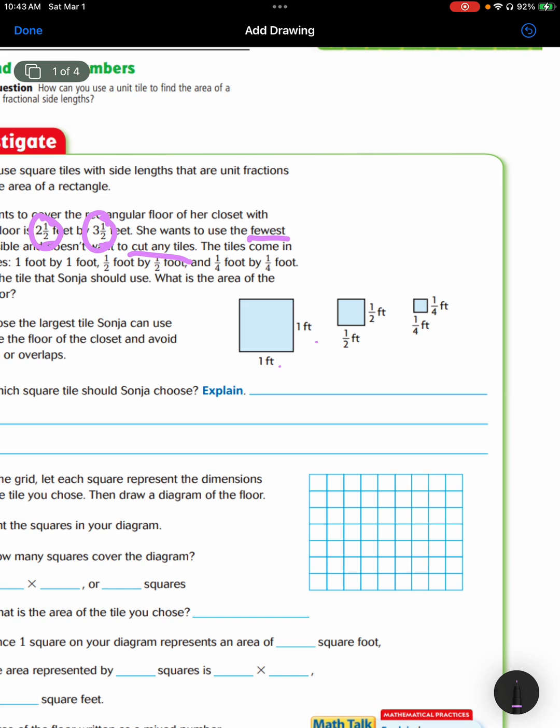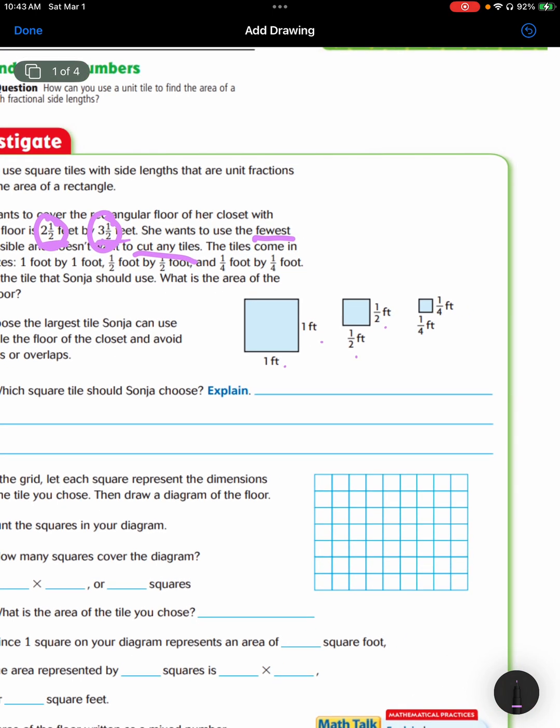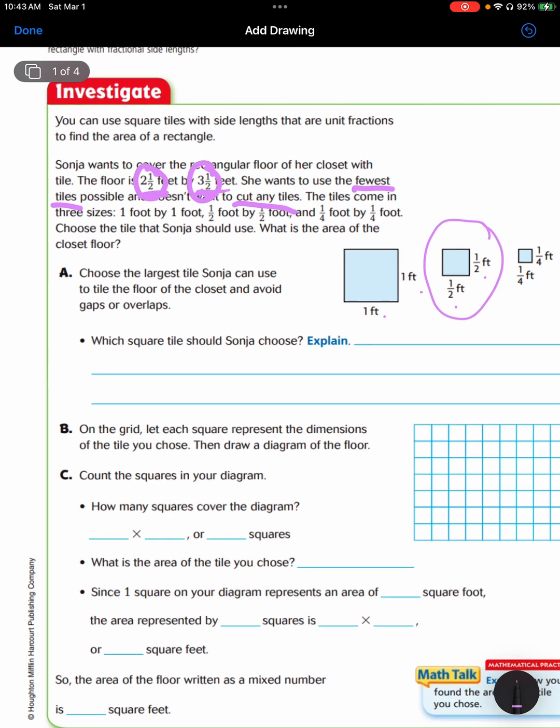If we use the 1/2 by 1/2 tiles, that will get us to equal measurements of these numbers since they do have halves included in them. We could use 1/4 by 1/4 tiles, but it's going to be so many different tiles. So right now, 1/2 by 1/2 is our best option, okay?